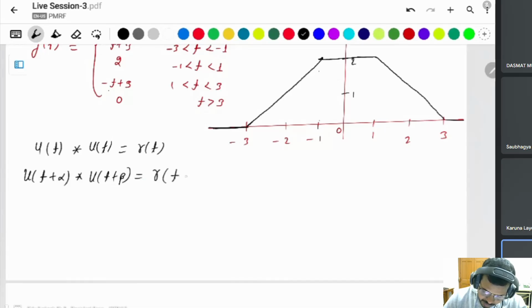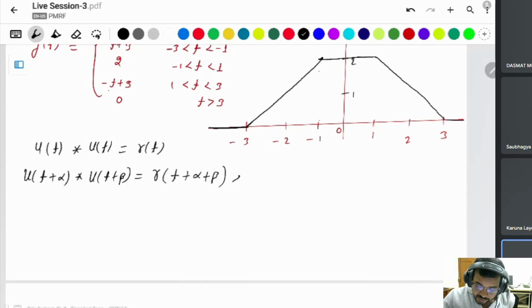Rt is t plus beta plus alpha plus beta. If there is a negative, then this is negative, this is positive, this is positive.